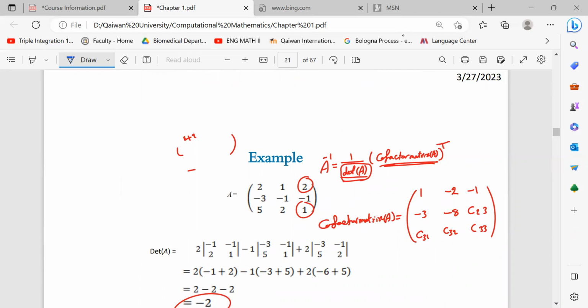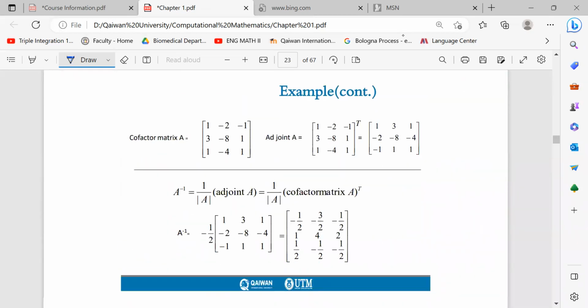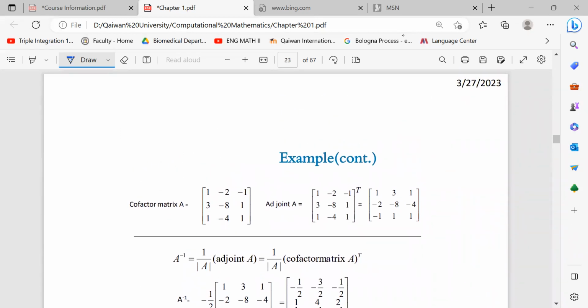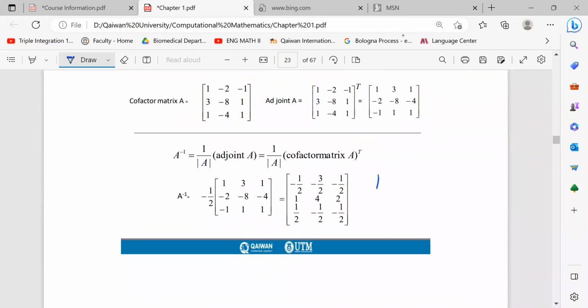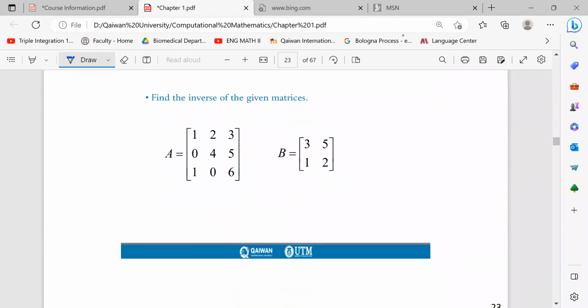If you know only one C, you can find all the others by using the same technique. So this is how to find the inverse of a 3x3 matrix. This one is the inverse. And here you have two exercises.